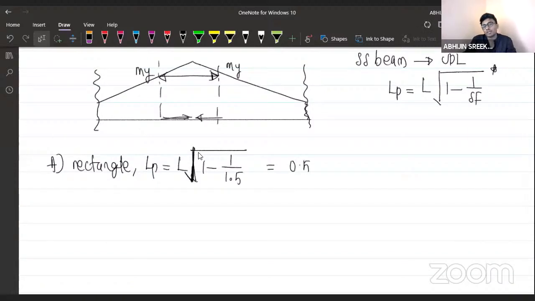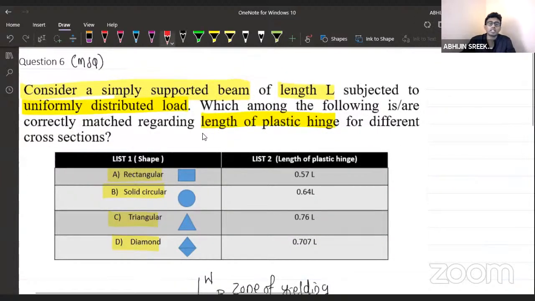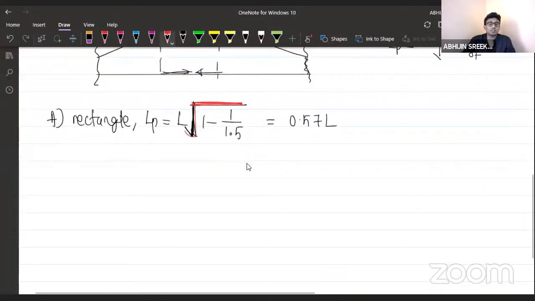You'll be getting 0.57 L. Tell me why I'm using a root here. Why am I taking a square root? Because the loading given here is UDL, right? We are given a uniformly distributed load. Exactly. Perfect. So that's the reason why we are considering it.